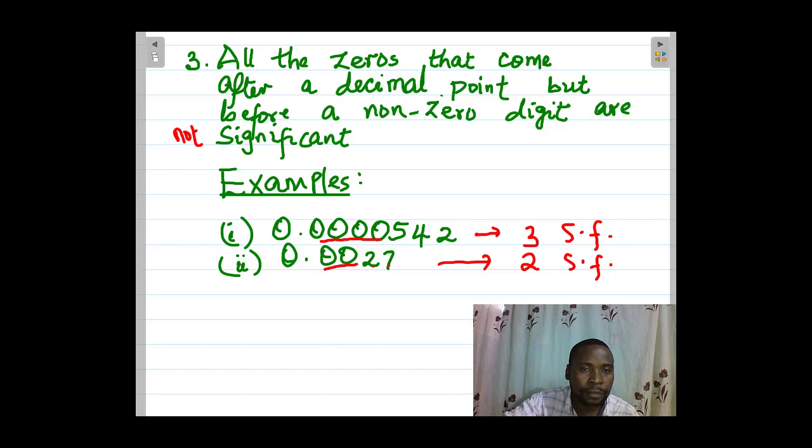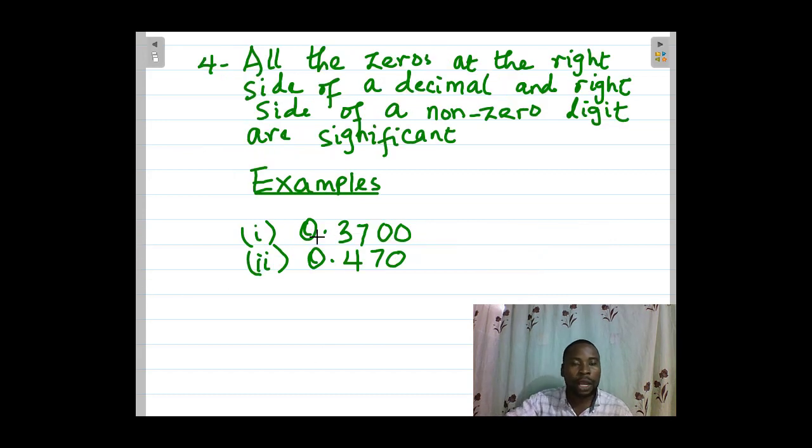Next is rule number 4. All the zeros on the right side of a decimal point and on the right side of a non-zero digit are significant. These two zeros, for example, are on the right side of the decimal and they come after some non-zero digits. Did you see that? These zeros are significant.